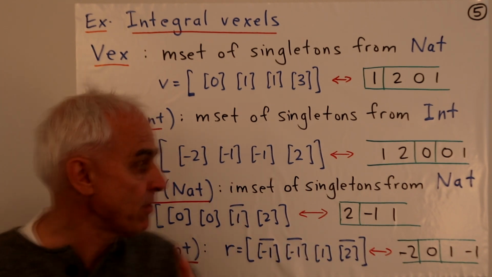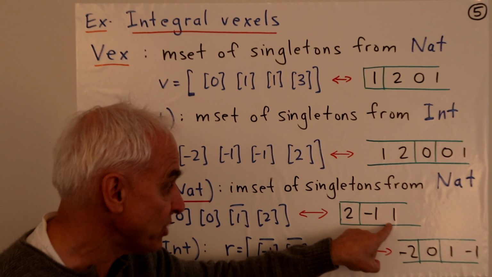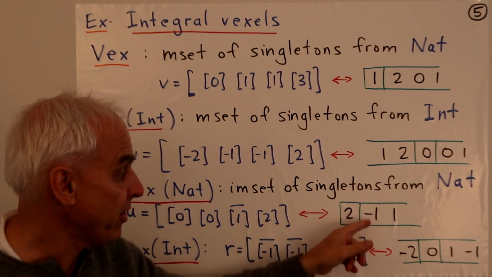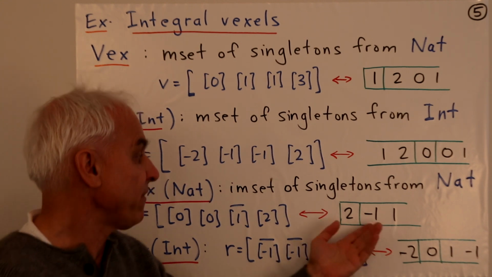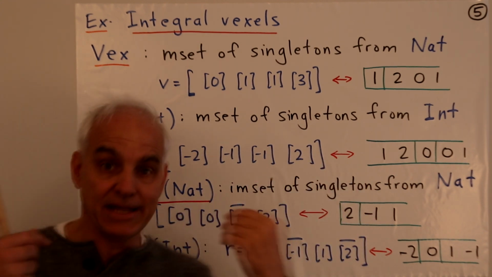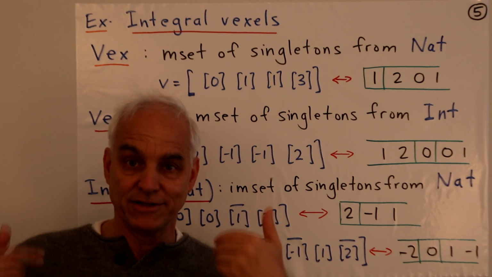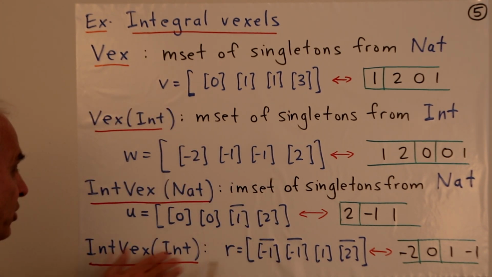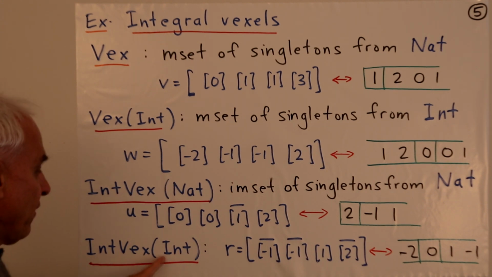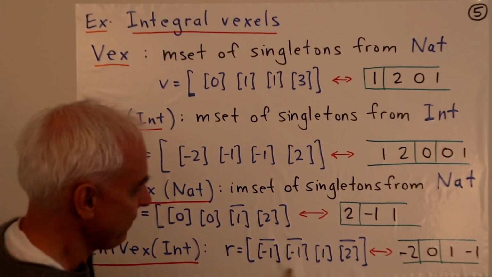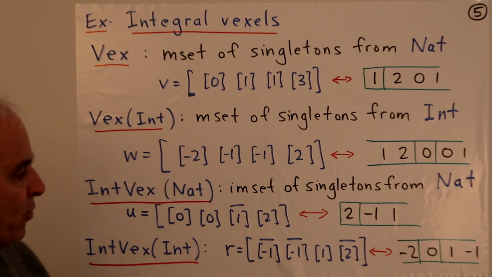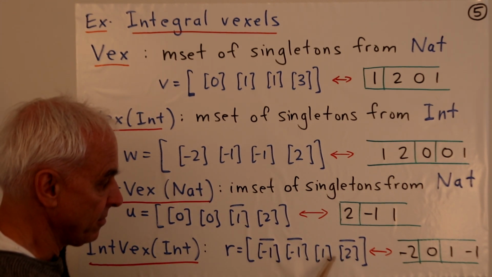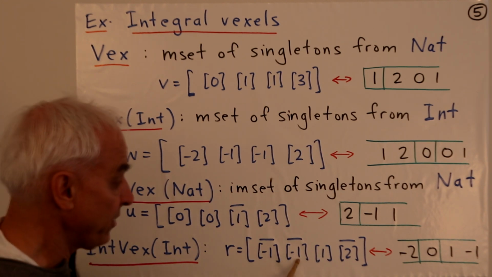So the novelty now is that we're allowed to put integers here, including negative numbers. And the negative numbers that appear here are just a reflection of the existence of anti-singletons in the actual vexel that we're considering. And here's the more general thing, an integral vexel from integers. Here we have a vexel which contains singletons both with natural number entries and also with negative number entries.